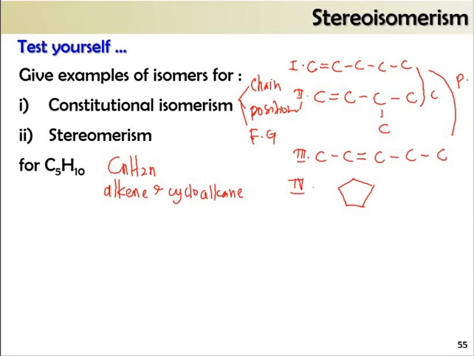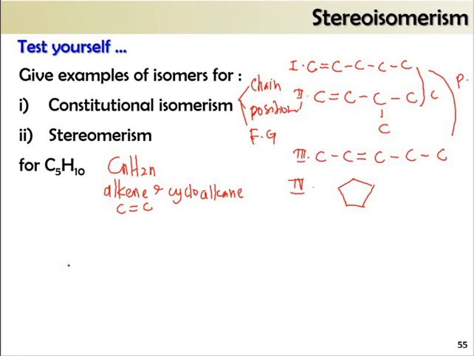Okay. And then, what about stereoisomer? Stereoisomerism, apa yang ada pada alkene dan cycloalkane? Of course lah, dua-dua ni ada apa? Dua-dua ada restricted rotation, okay, about carbon-carbon double bond and carbon-carbon single bond untuk alkene, cycloalkane. Okay, yang ini kita boleh buat dia jadi supaya dapat cis-trans.